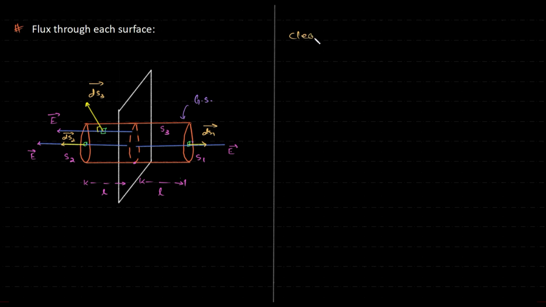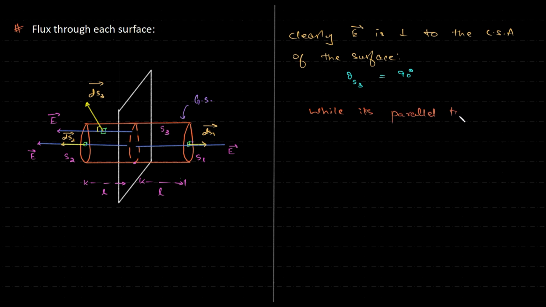Clearly, electrical field is perpendicular to the curved surface area of the surface. And therefore, we have that theta for surface 3 to be 90 degree throughout, while it's parallel to S1 and S2, right? Similar pattern. If you guys see the other derivation also, it's similar pattern.